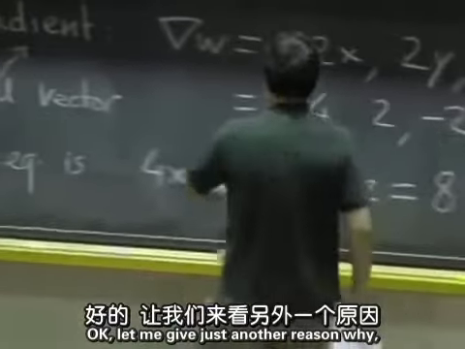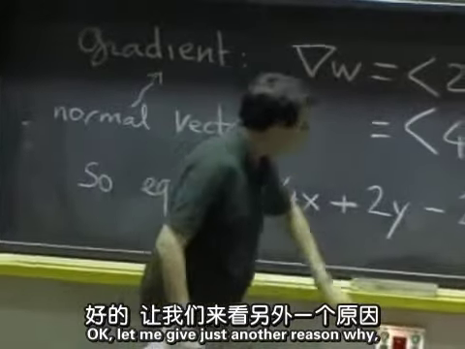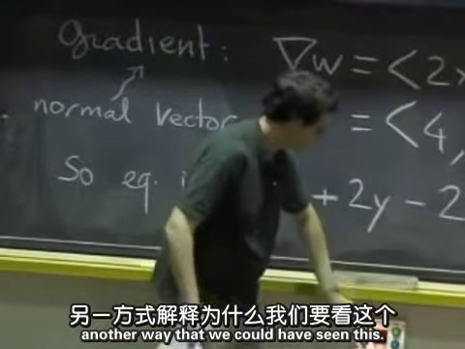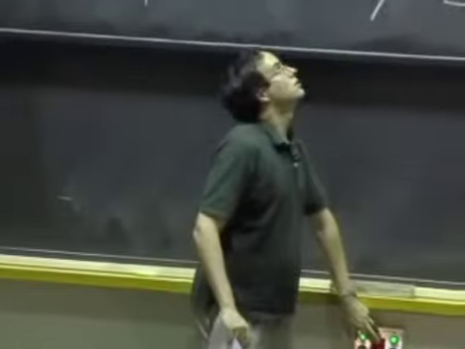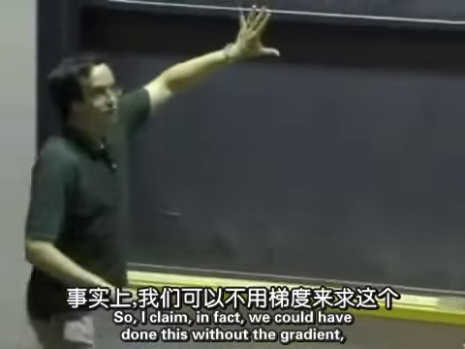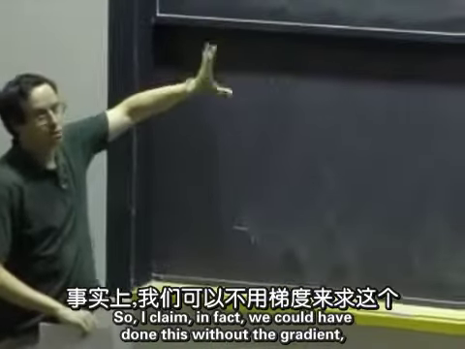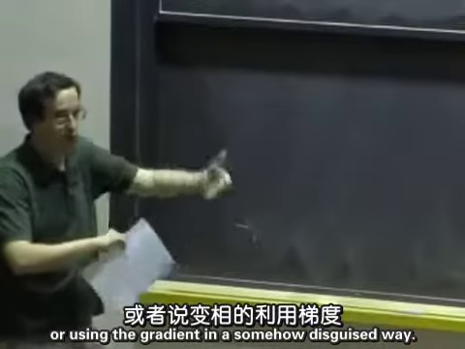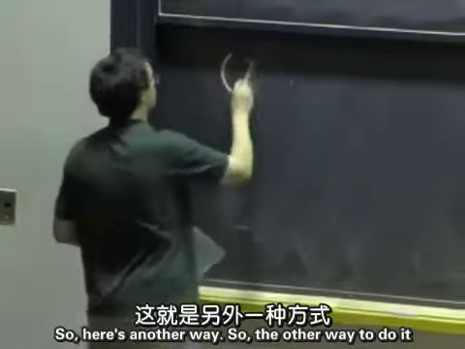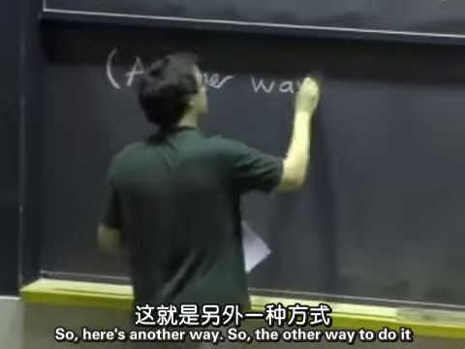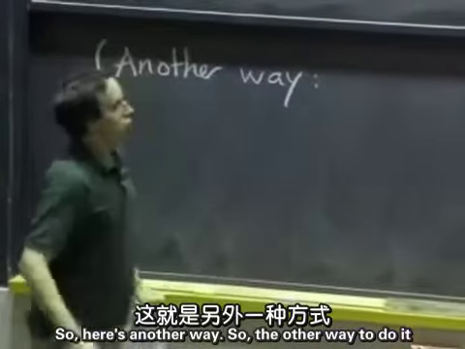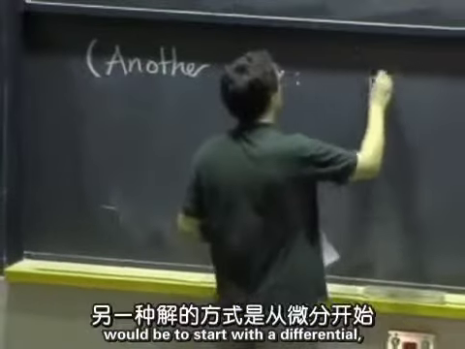Let me give another way that we could have seen this. I claim we could have done this without the gradient, or using the gradient in a disguised way. The other way to do it would be to start with a differential.